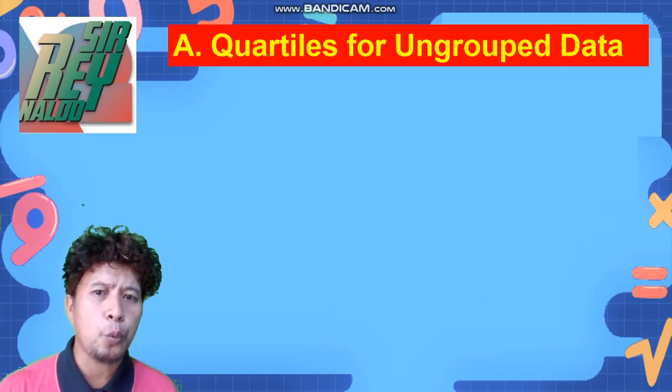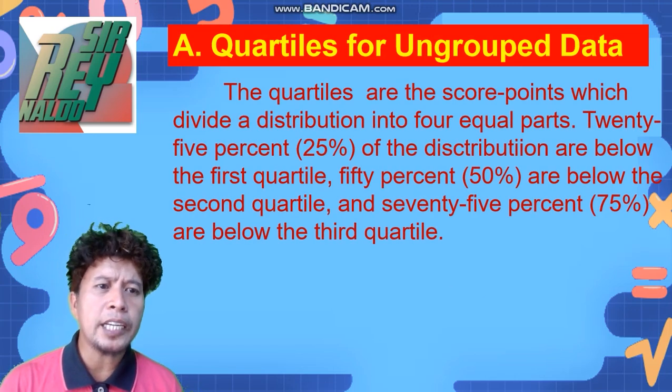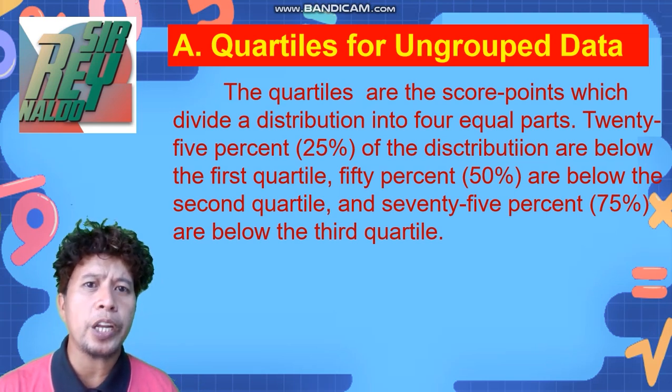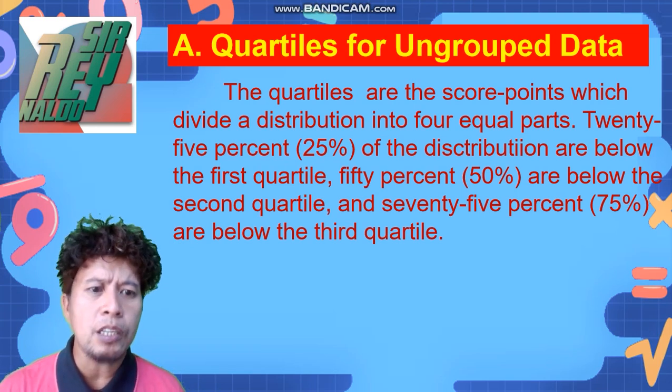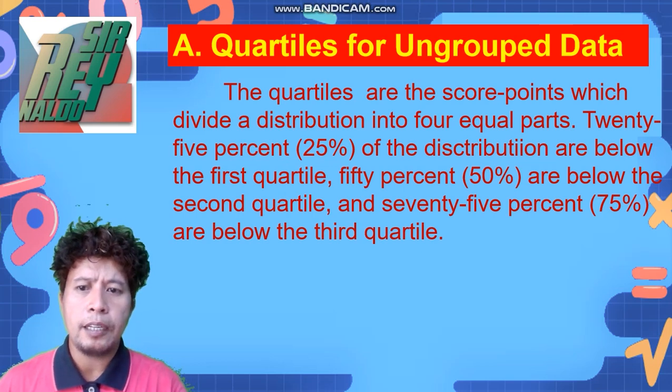Okay, let's start with the quartiles. The quartiles are the score points which divide a distribution into 4 equal parts. 25% of the distribution are below the first quartile, 50% below the second quartile, and 75% are below the third quartile.